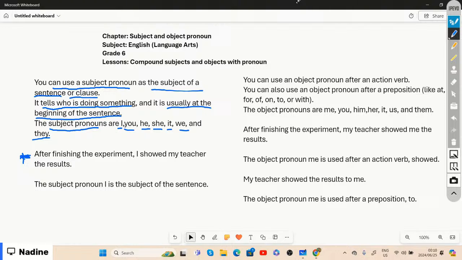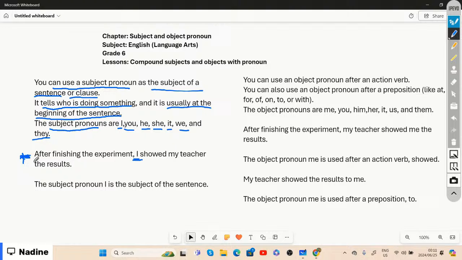We can even start our sentence, for example, where it says, after finishing the experiment, I showed the teacher my results. So as we can see, as much as we say that a subject pronoun is usually at the beginning of a sentence, in this case, of course, it's not immediately at the beginning of the sentence.